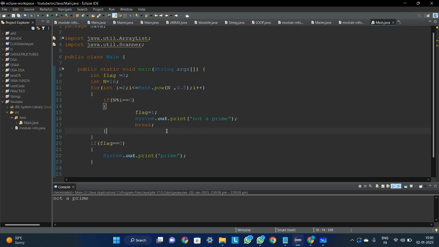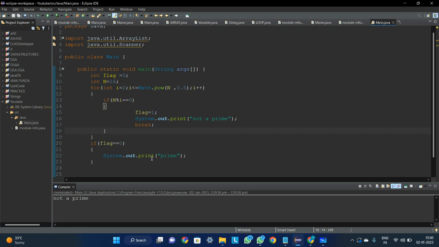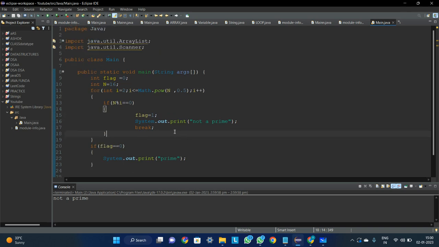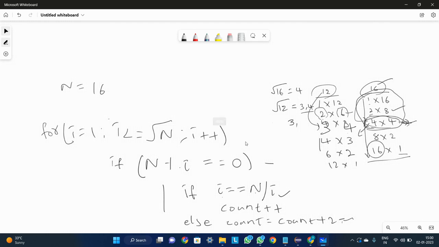So I can take this statement, break it, and if it is not at all divisible, we can print prime. You can check this code once again, it is a more optimized way. So what I want to say is, at first I did iterations in n, after that I did iterations in n by 2, after that I did iterations as root of n.